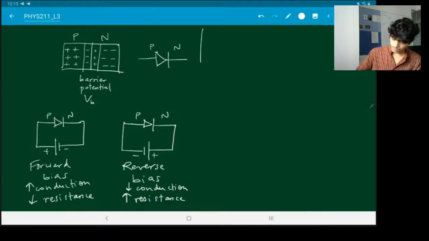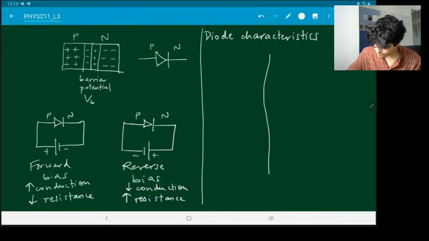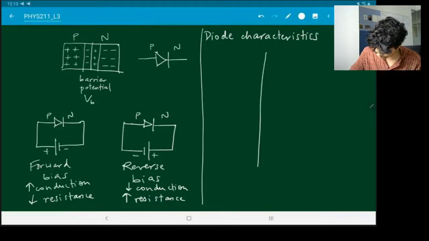Now we can plot what is called the diode characteristic curve. And this is simply a voltage versus current graph.